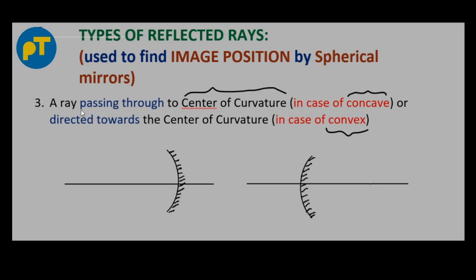Now it says passing through the center of curvature in the concave mirror, and the ray that is directed towards the center of curvature in case of convex. We shall identify the position of the principal focus, the center of curvature, the pole, and this is the principal axis first. Okay, fine. Let's take an object somewhere here.